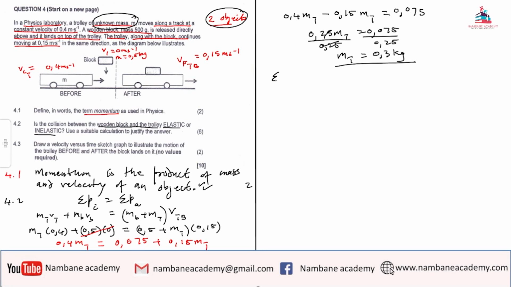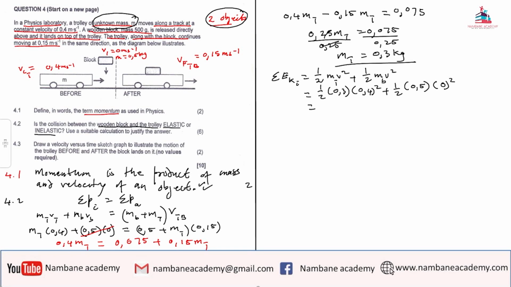Then I must say the sum of EK before is equal to half mv squared of the trolley plus half mv squared of the block. Then this is just half of 0,3 times 0,4 squared, plus half of the block 0,5, but initially it was released, so 0 squared.